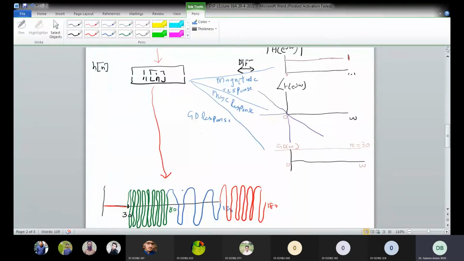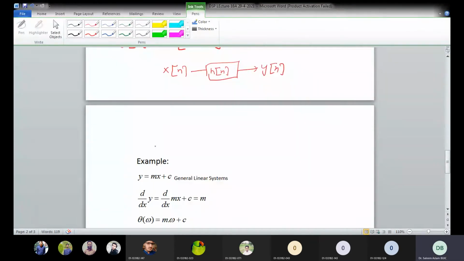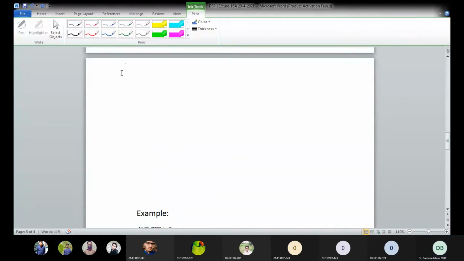But what will happen अगर हम सिर्फ यहाँ पे हम एग्जाम्पल नंबर 2 हम लेते हैं जिसमें हम इस फेज रिस्पांस को, मैग्नीट्यूड रिस्पांस ये लेते हैं, फेज रिस्पांस को हम क्या करेंगे, हम नॉन लीनियर करेंगे। एंड नॉन लीनियर करने की वजह से हम देखते हैं कि एक्चुअली होता क्या है उस नॉन लीनियर होने की वजह से। So let's take example number 2 here.